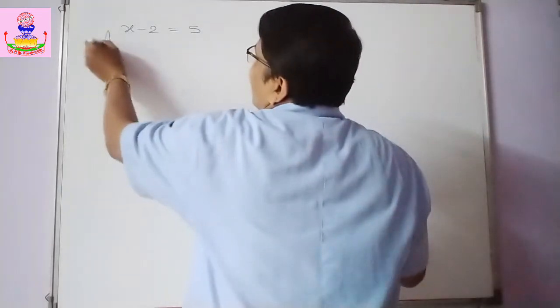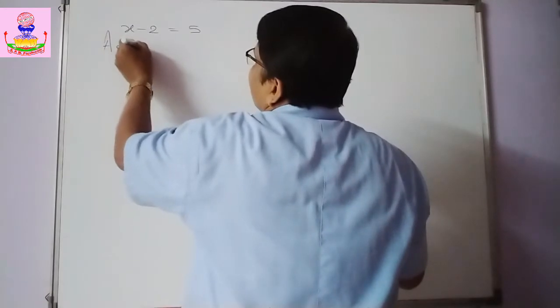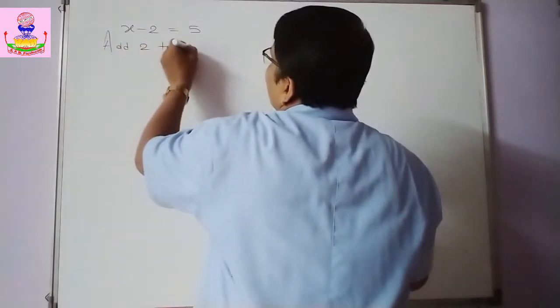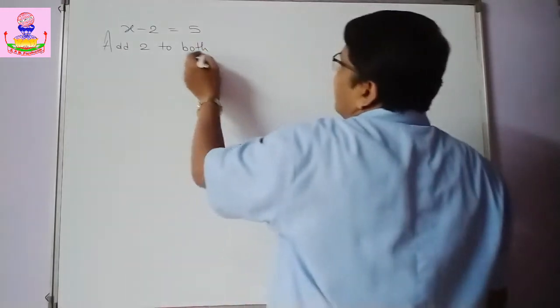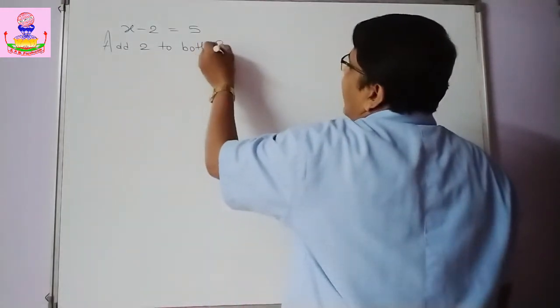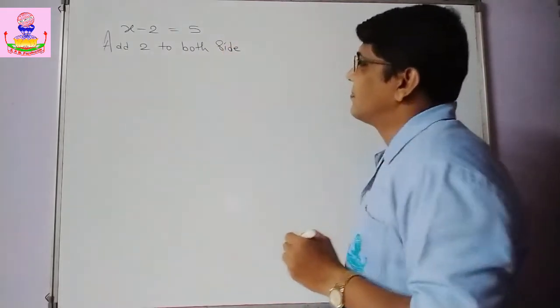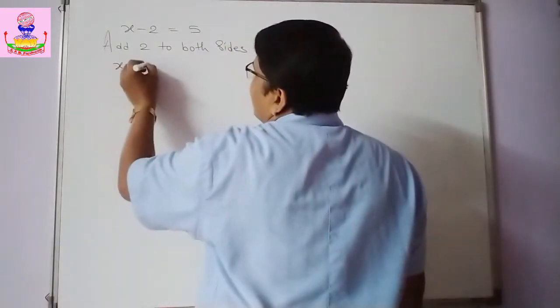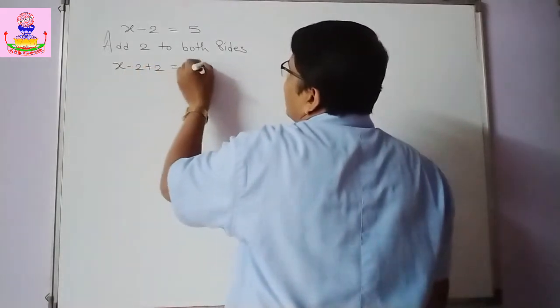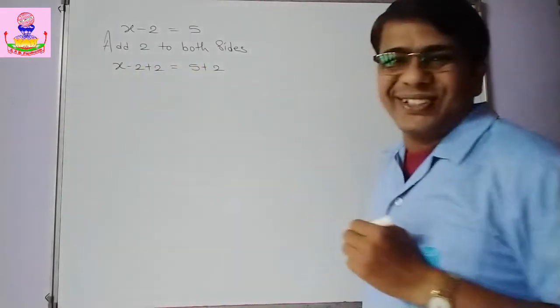Don't forget that you are supposed to perform the same mathematical operation on both sides. Now, x minus 2 plus 2, that is equal to 5 plus 2.